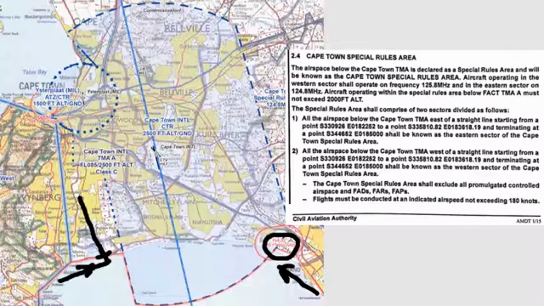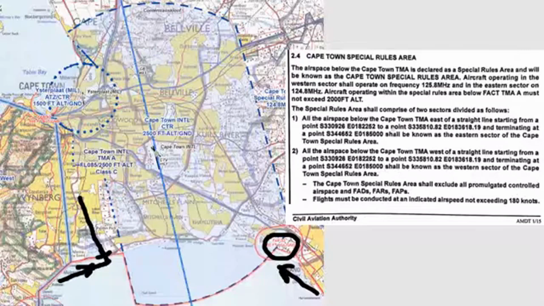So just to recap, special rules west 125.8, special rules east 124.8. The vertical height extremity for traffic within this airspace is 2,000 feet, and that's to ensure that there's a buffer of 500 feet between traffic in the special rules area and the lower limit of the Cape Town TMA.